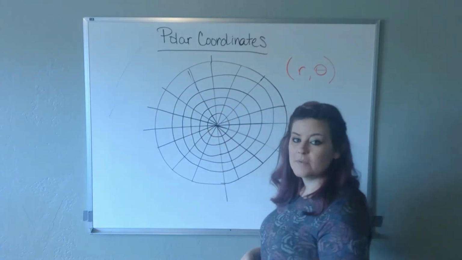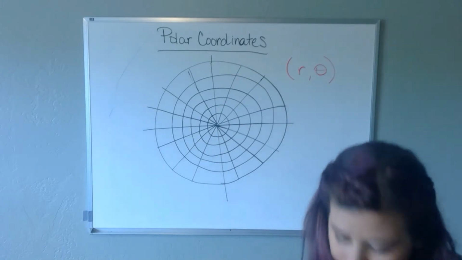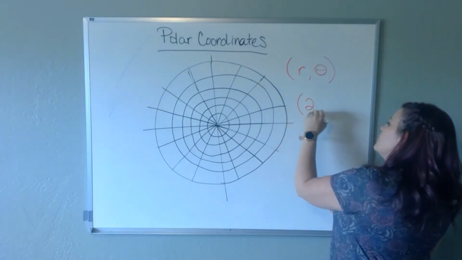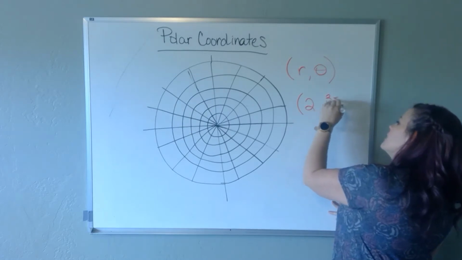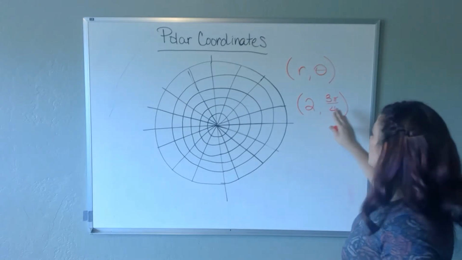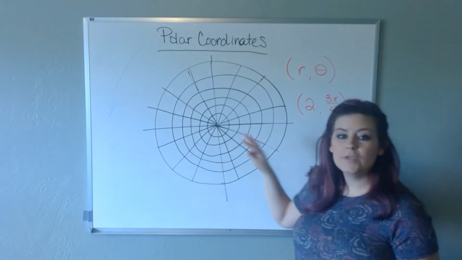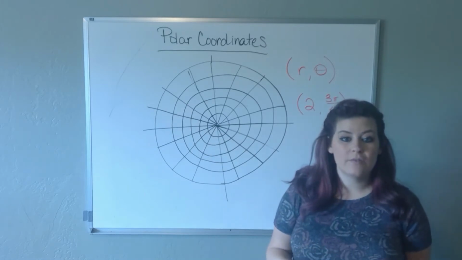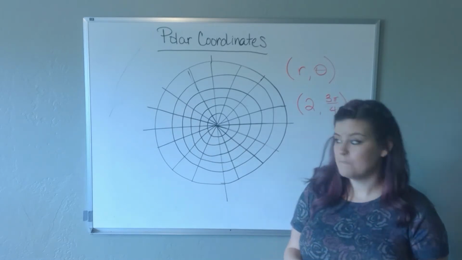So let me give you a couple of examples. I want to plot (2, 3 pi over 4). So r is 2, theta is 3 pi over 4. When you're going to the polar coordinate plane, I would suggest finding your theta place first.